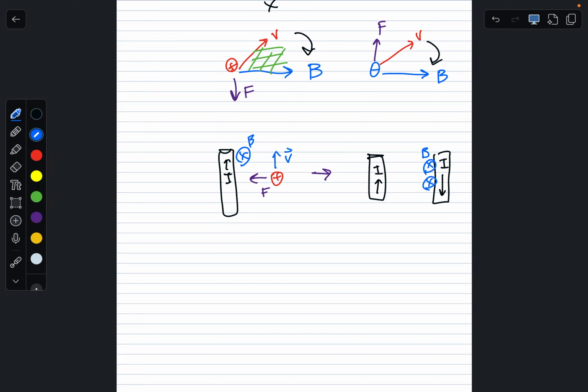And you can see that my middle finger is pointing to the right. So opposite direction currents are feeling repulsive forces. And you can do the same thing with the other side by calculating the B field created by the right current.